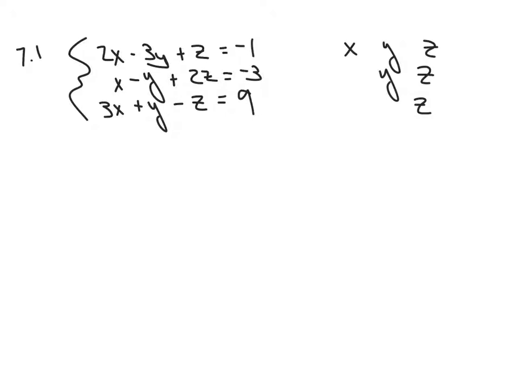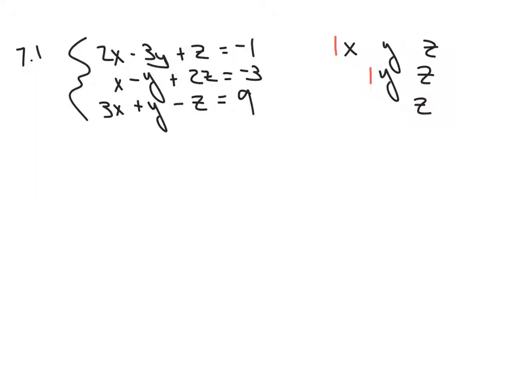All right, so first step is the coefficient, the number in front of the x here, and the number in front of the y here must be positive ones. So what I'm trying to do is get this to be a 1 and this to be a 1. I don't care what this is, okay? That doesn't matter what that is. But anyway, that's the first step.